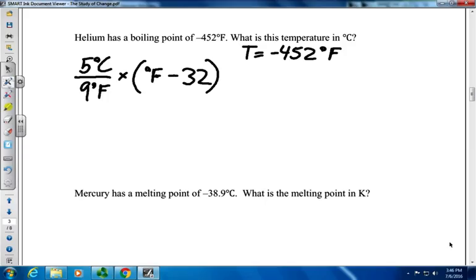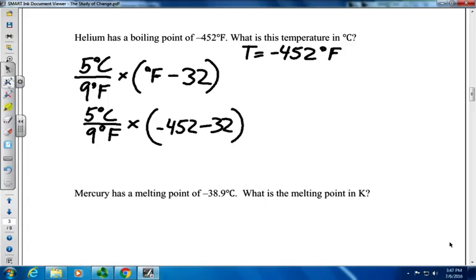So in our problem given above, we find that 5 degrees Celsius over 9 degrees Fahrenheit times negative 452 minus 32 is our conversion. And this is degrees Fahrenheit as well.